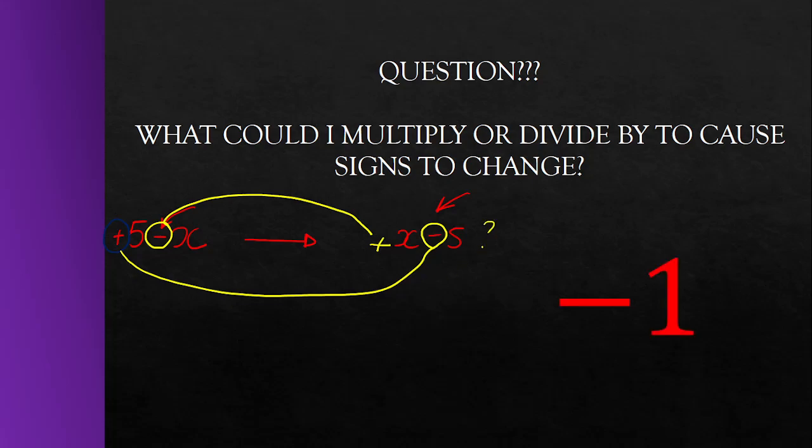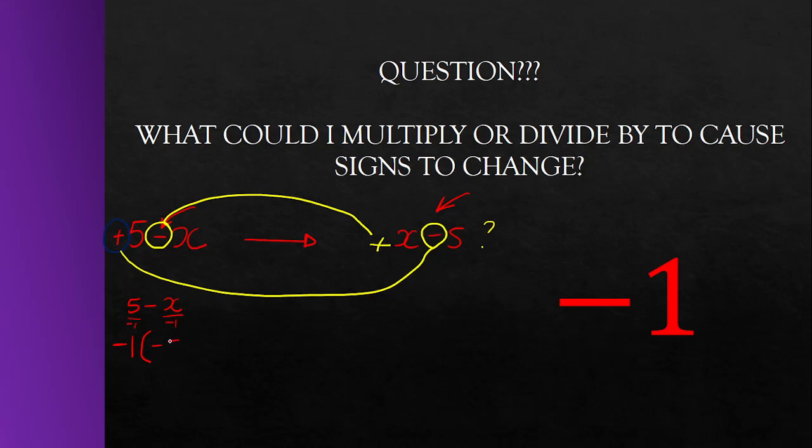Well, what about division by -1? So let's think of something like this. If I take out a -1, let's say I've got this 5 minus x. Remember, with common factors, it divides into each of the terms.